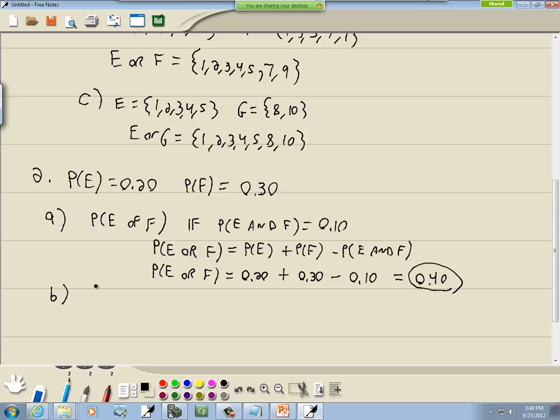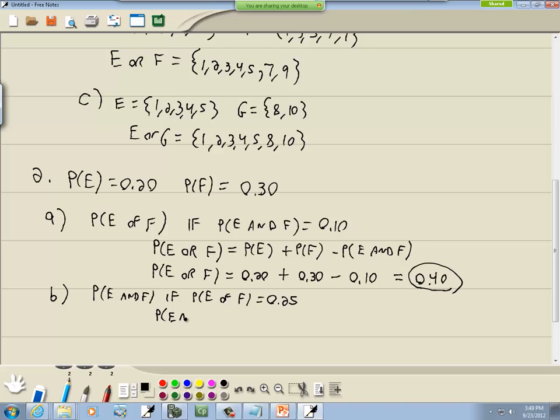Now B wants us to find the probability of E and F, if the probability of E or F is equal to 0.25. Okay, so we're going back to our general addition rule.